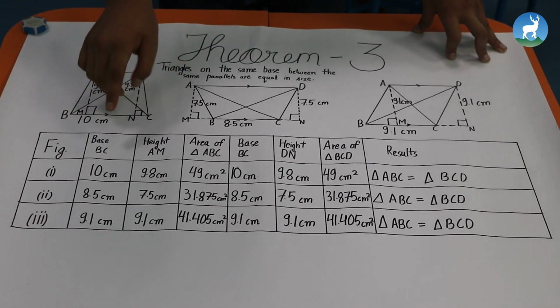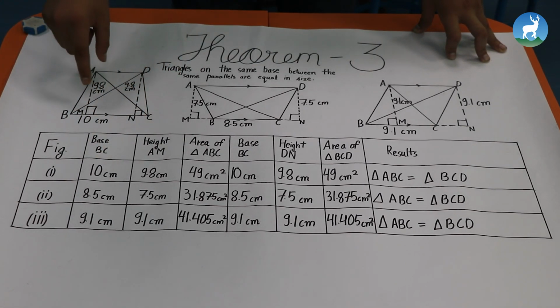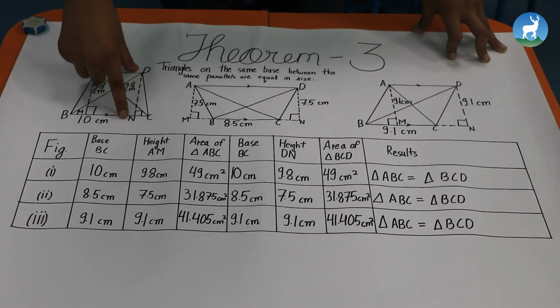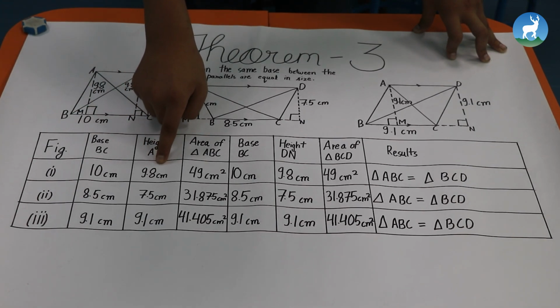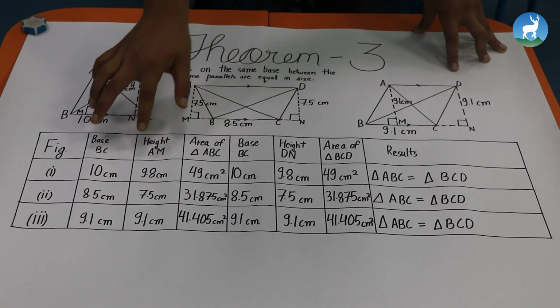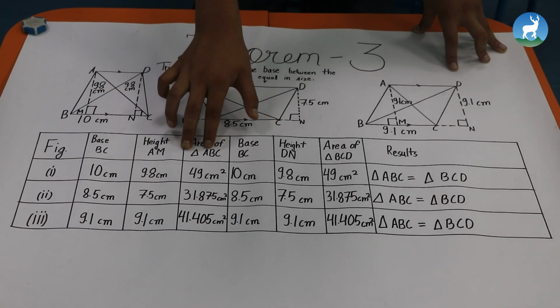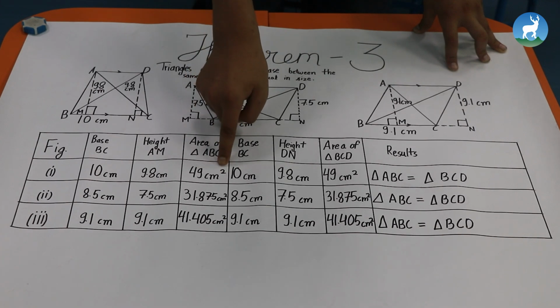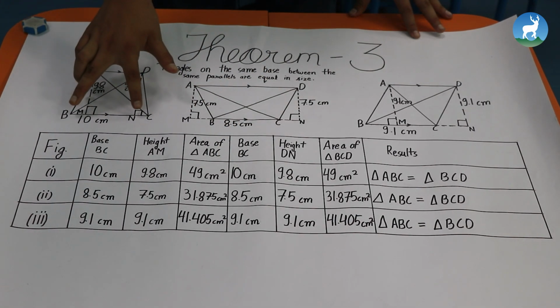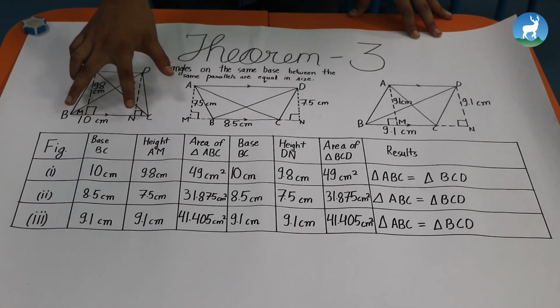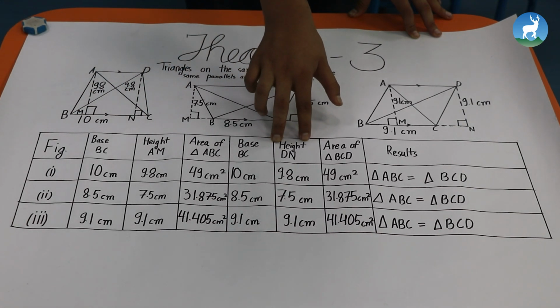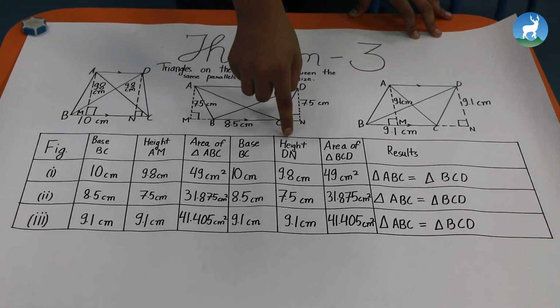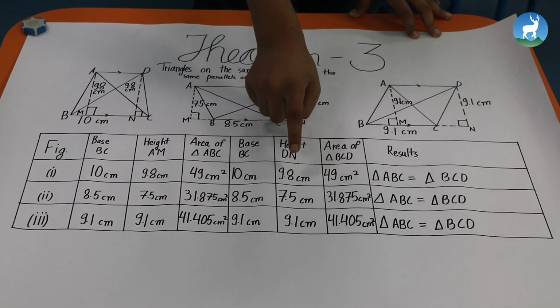From our first figure, the base BC is equal to 10 centimeters, and our height AM is 9.8 centimeters. From here we can say that the area of the triangle ABC is 49 centimeter square. Again our base BC, being the same, is 10 centimeters, and our height DN is 9.8 centimeters, the same height.